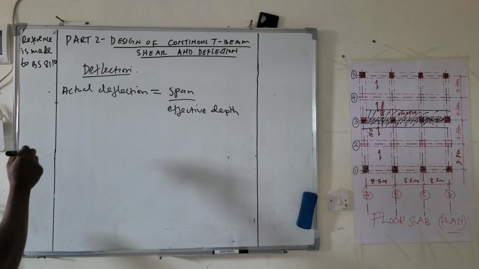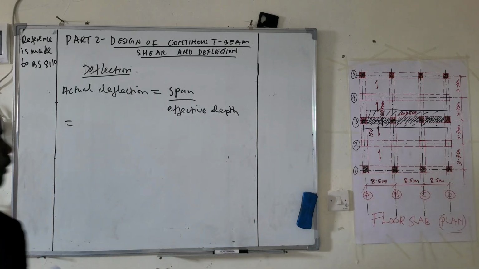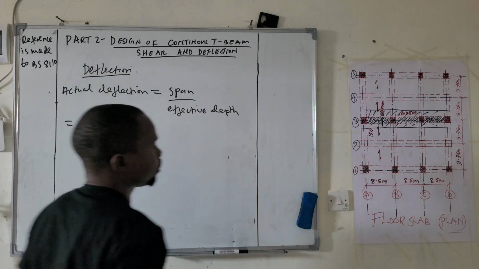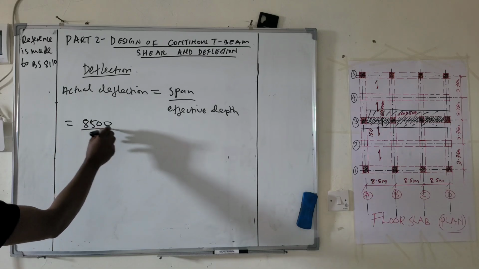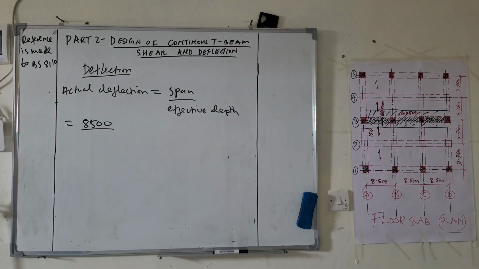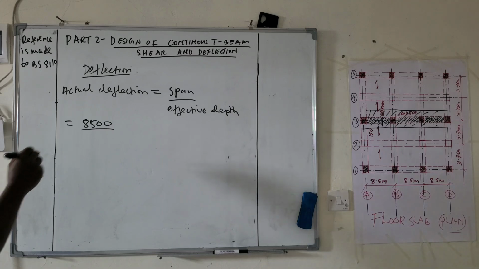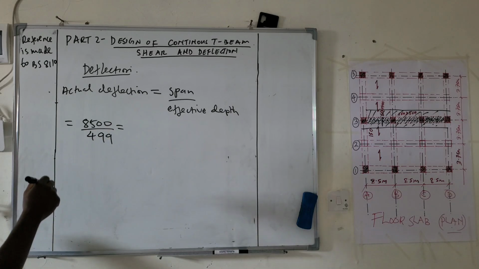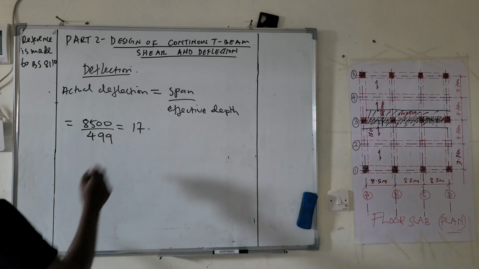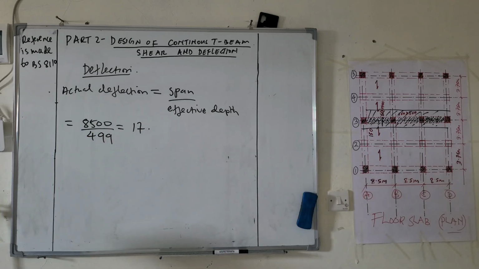So this one is equal to, our span is this one, 8.5, so that is 8,500 over the effective depth, 499. So this one is equal to 17.